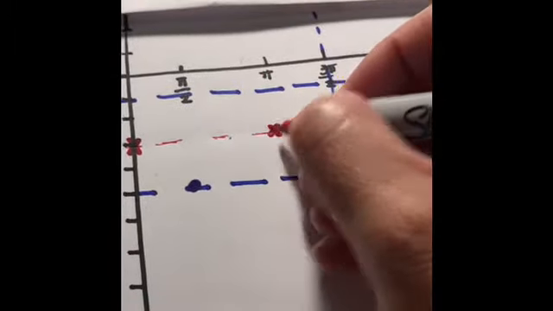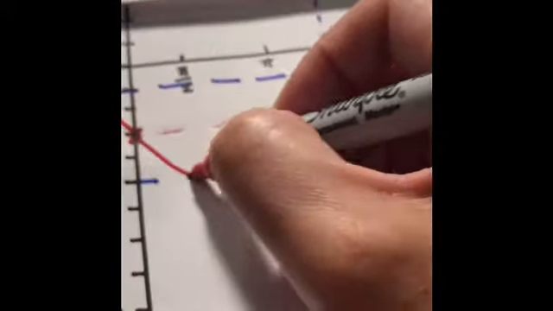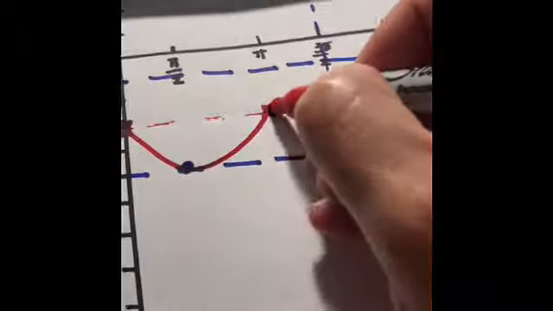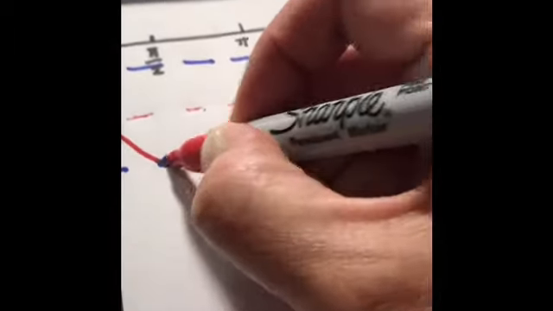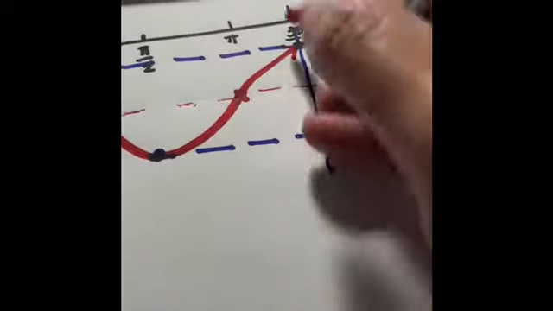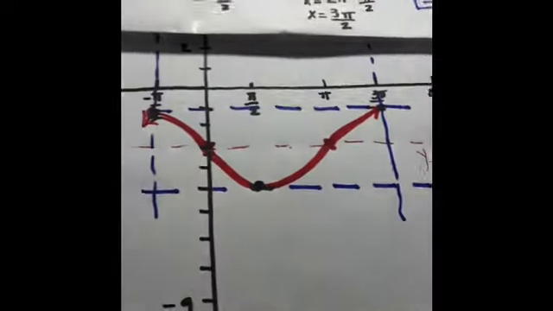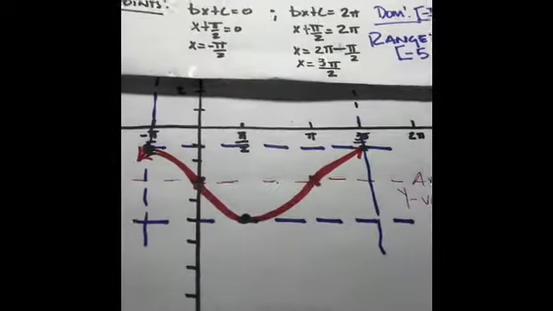So this would be the other half. According to the shape of the cosine function, this would be the first quarter, second quarter, third quarter, and the fourth quarter at the upper part of the graph. And this would be the final graph of this cosine function that I was looking for since the beginning of the problem.